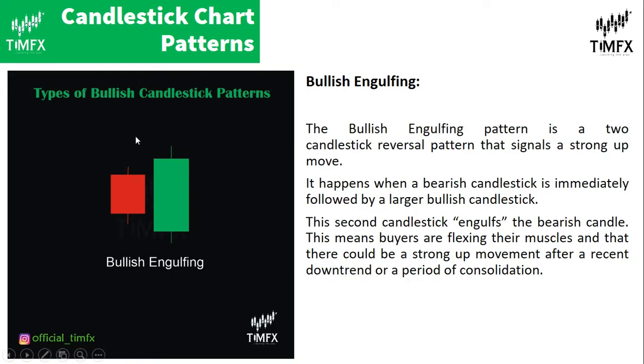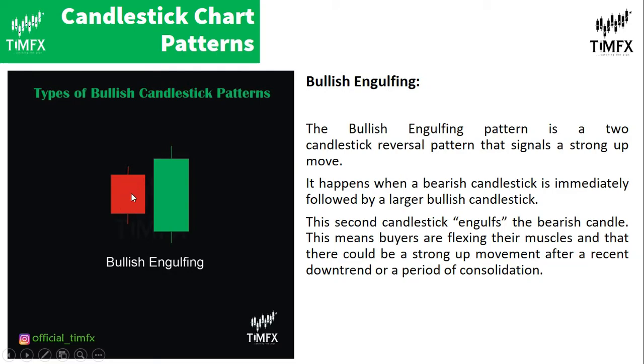Now looking at this image here, we'll notice that this is a bearish candlestick and this is a bullish candlestick. If you look at the bullish candlestick, it engulfs, as the name implies, engulfing. It engulfs the body and the wick of the bearish candlestick before it. Now there's an assumption that there was a downtrend occurring here, so it stopped here.